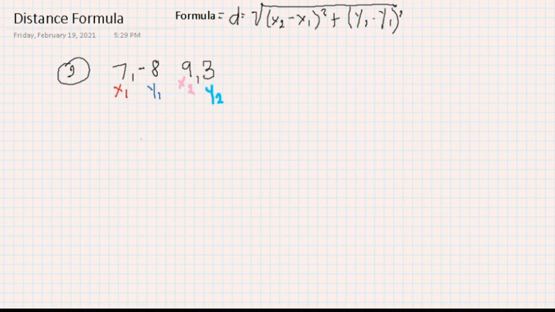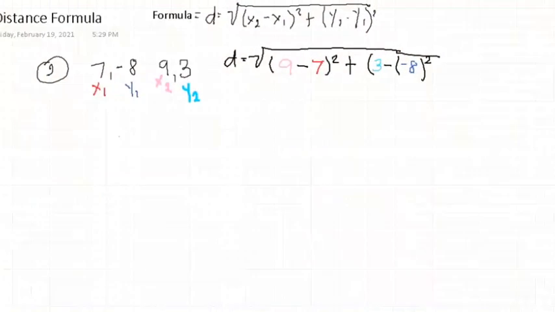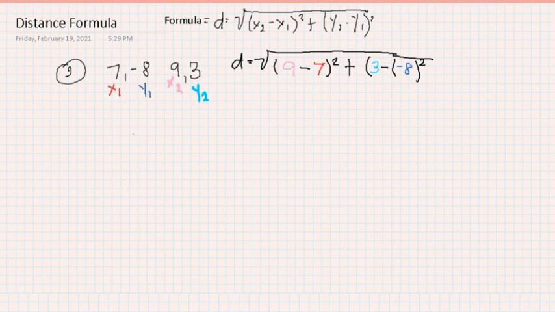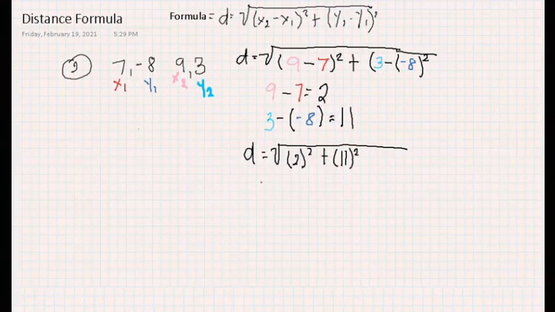So x sub 1 is equal to 7, y sub 1 is equal to negative 8, x sub 2 is equal to 9, and y sub 2 is equal to 3. So it will be d is equal to the square root of 9 minus 7 squared plus 3 minus negative 8 squared. Next, it will be d is equal to the square root of 9 minus 7 squared, which is 2 squared, plus 3 minus negative 8 squared, which is 11 squared.